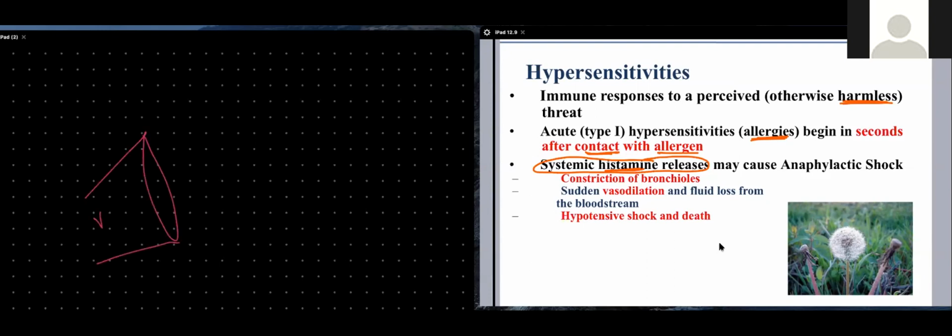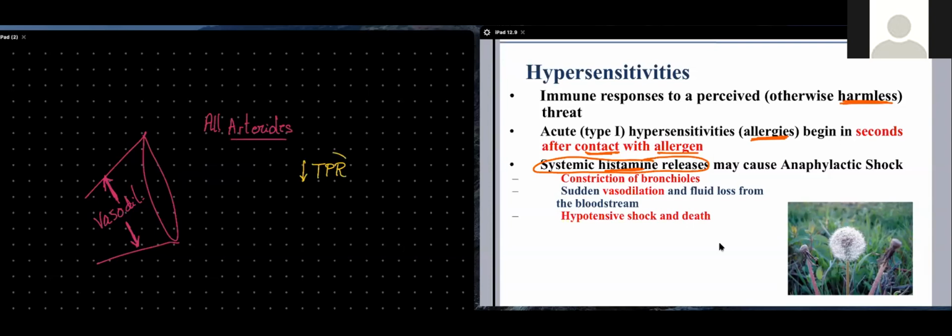And if I have vasodilation, what's going to happen? If you are dilating a large number of arterioles all at the same time, this is going to cause a major reduction in your total peripheral resistance.